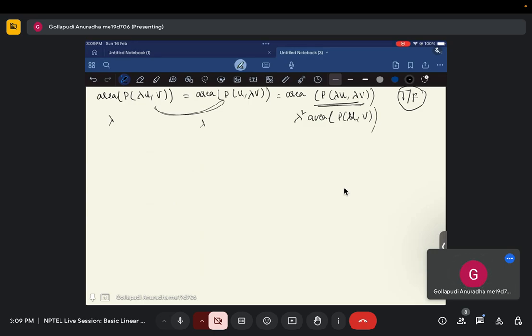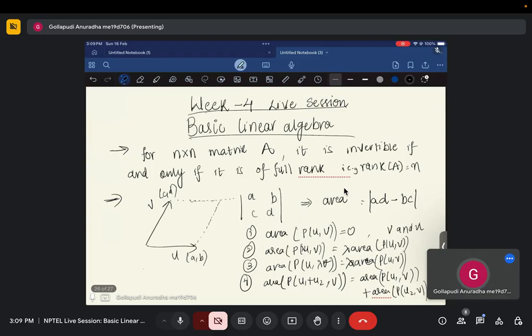Similarly, as we discussed, if it is u1 plus u2, or u comma v1 plus v2, then it will be the area of parallelogram u, v1 plus the area of parallelogram u, v2.